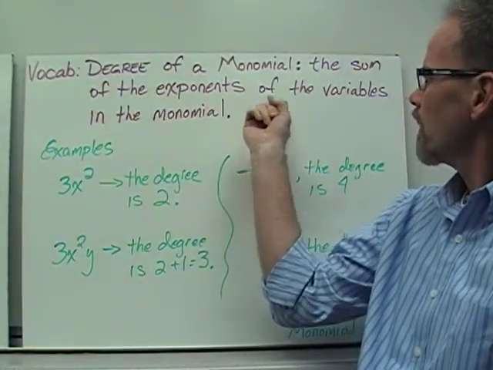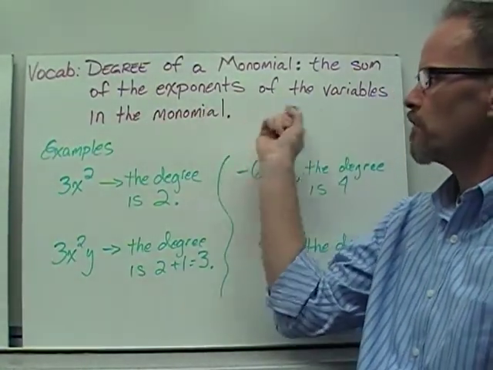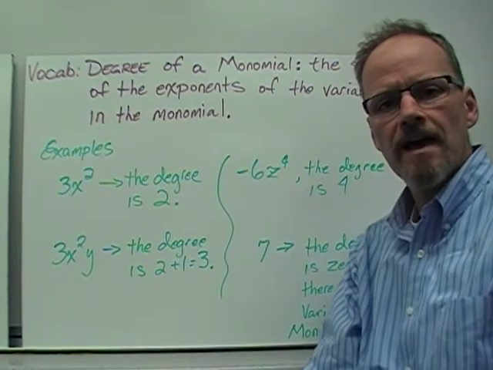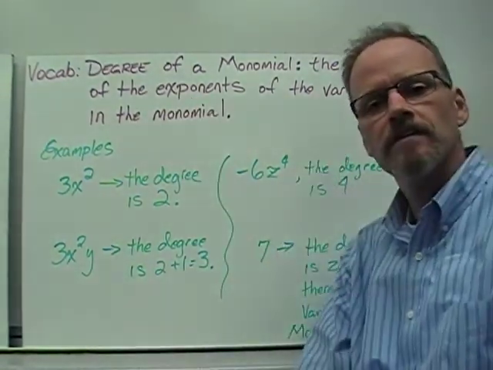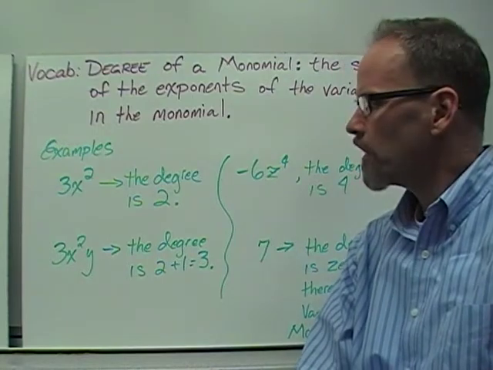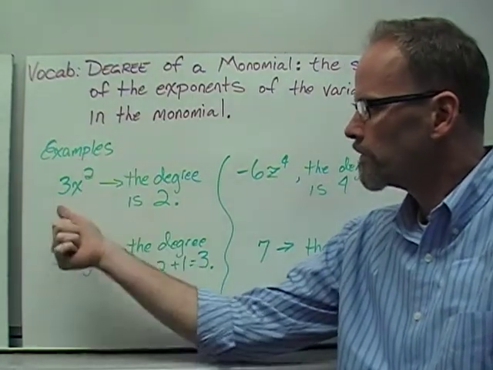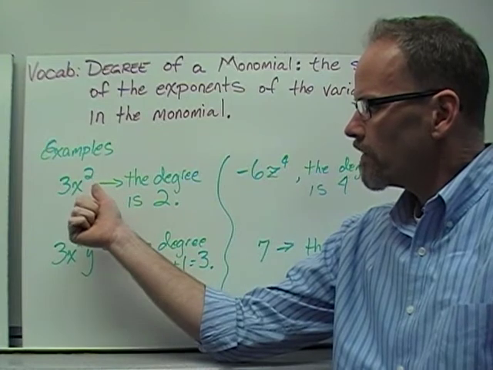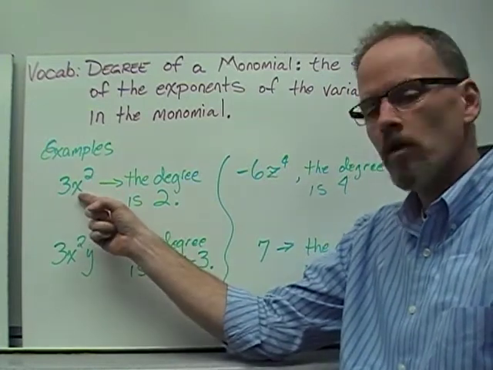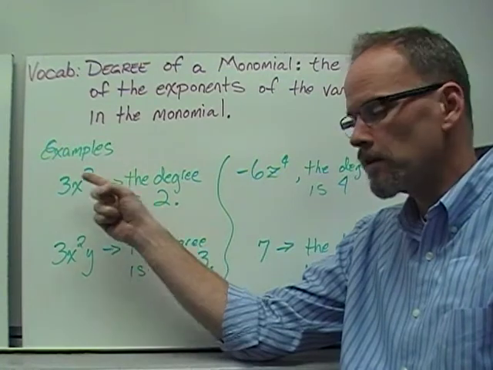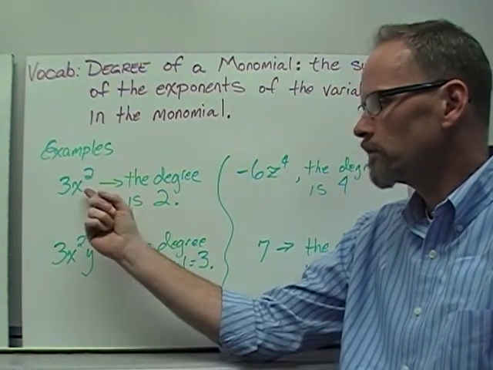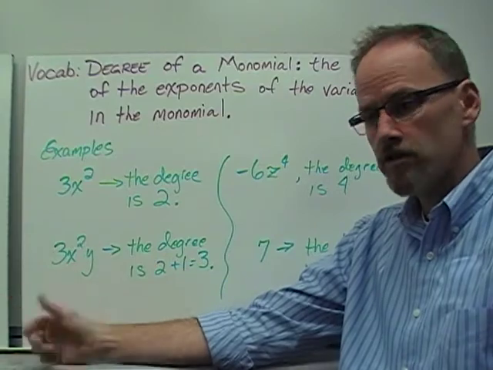We are only going to add the exponents of the variables to find out the degree of a monomial. So for example, 3x squared, in this particular case, I'm only looking at the variable and the exponent of the variable. The degree is 2. So this is a monomial with degree 2.